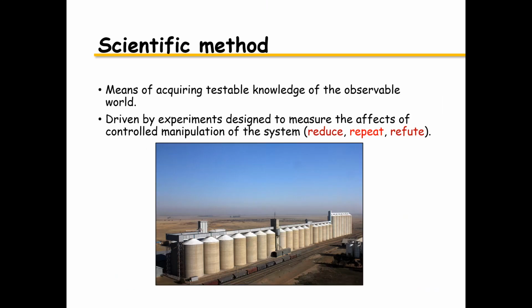And that's driven by experiments designed to measure, observe, and test those things that we see out there in the real world that we want to learn something about. And we use the scientific method of reduction, repetition, and refutation to discard those theories or ideas or relationships that may not be true.